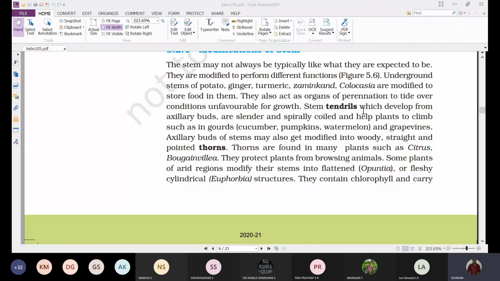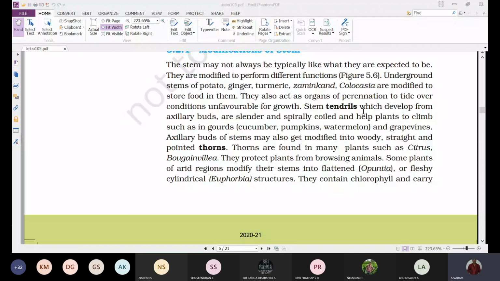So the plant can survive for longer periods because of the presence of this storage of food material in the underground. And this propagation by underground stems, we are calling it perennation. They also act as organs of perennation to tide over conditions unfavorable for growth.